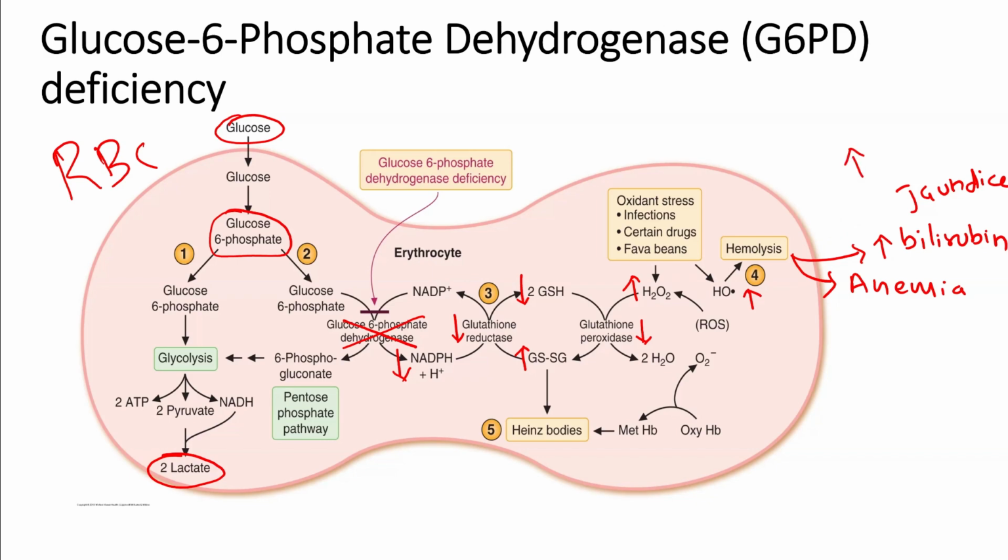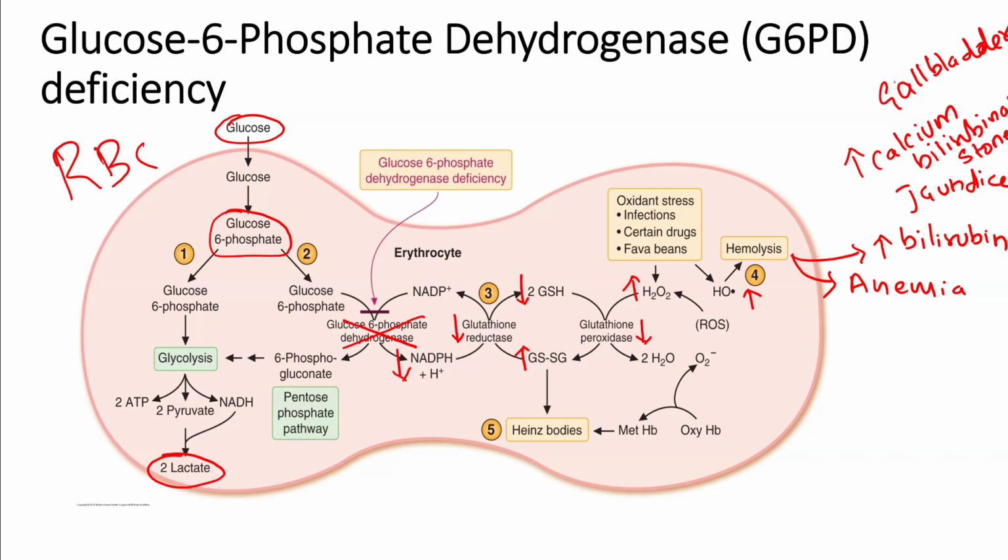Increase in calcium bilirubinate stones in the gallbladder. You may see these stones in the gallbladder, greenish yellowish kind of stones, which are calcium bilirubinate stones in the gallbladder because of hemolytic anemia.